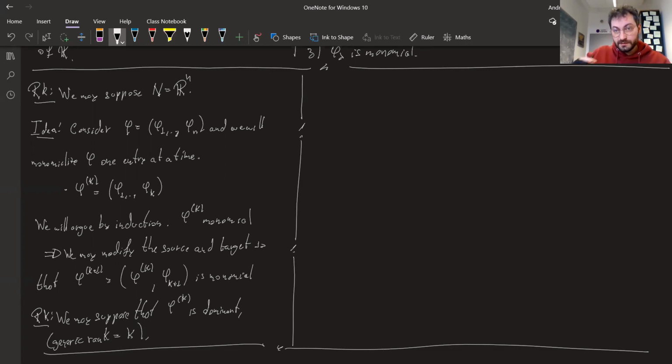This you can always do because if there are some zeros, we may just take away the zero entries. We don't need to consider them, and just continue the induction without those zero entries. It becomes even simpler in some sense. So we may suppose that all of the entries of phi k are different from 0, and that phi k is going to be monomial.